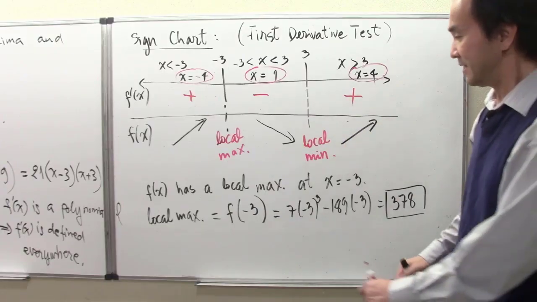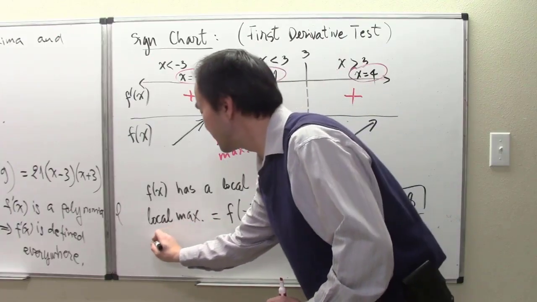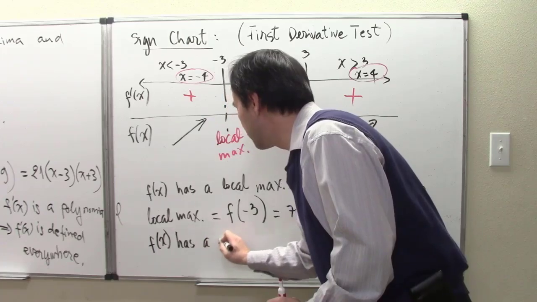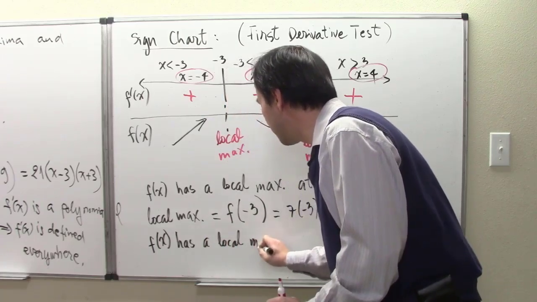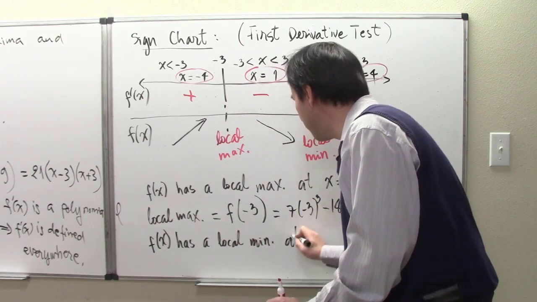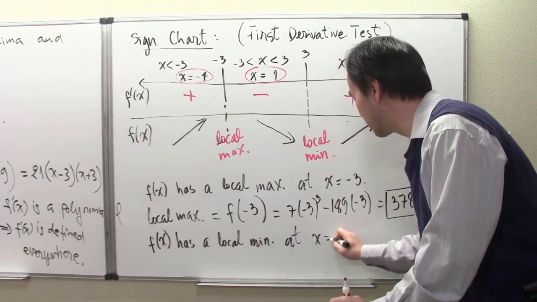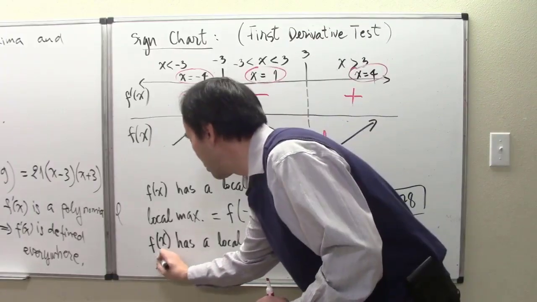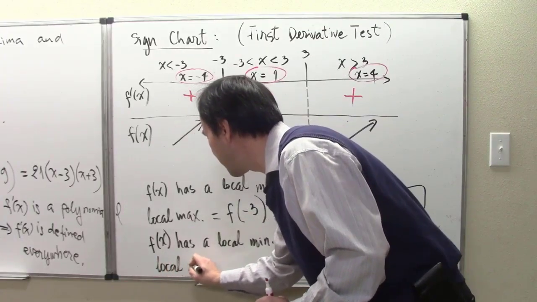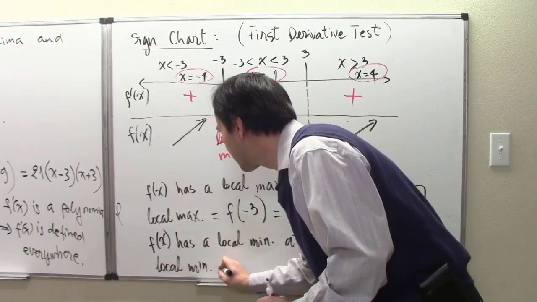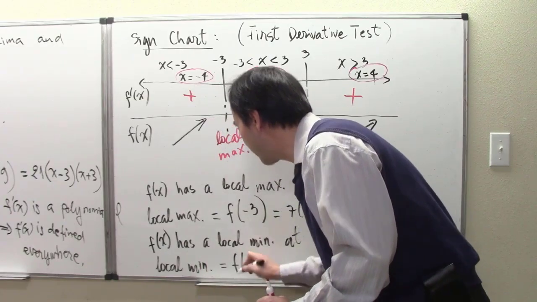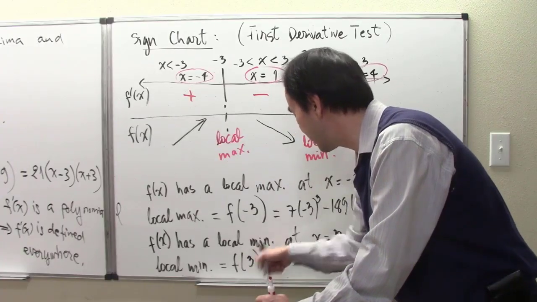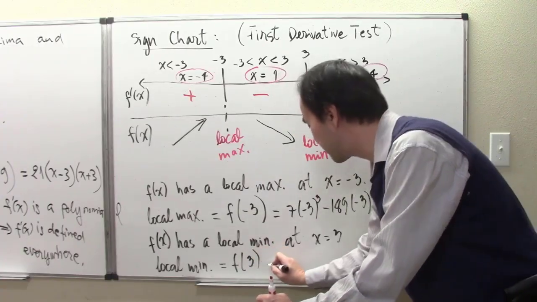Okay. So now I'm going to make a similar conclusion that the function f of x has a local minimum, and that we found that at x equals 3 right from the chart right here. There you go. And the actual value of the local minimum, how low it hits, is found by substituting x equals 3 into the function.